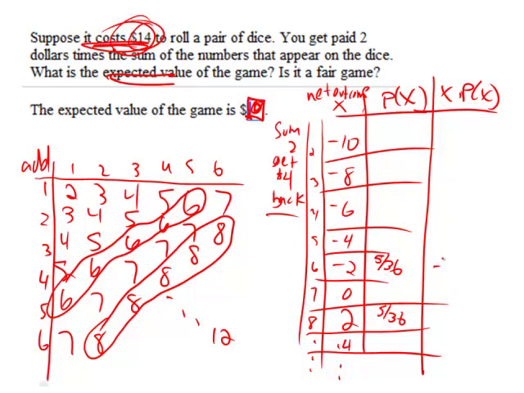This negative 10 out of 36 will balance out with this positive 10 out of 36. Keep it all out of 36, although some of these you could reduce. Leave it like that, and you'll get this balancing happening. 4 ways to get a 5. 4 ways to get a 9.